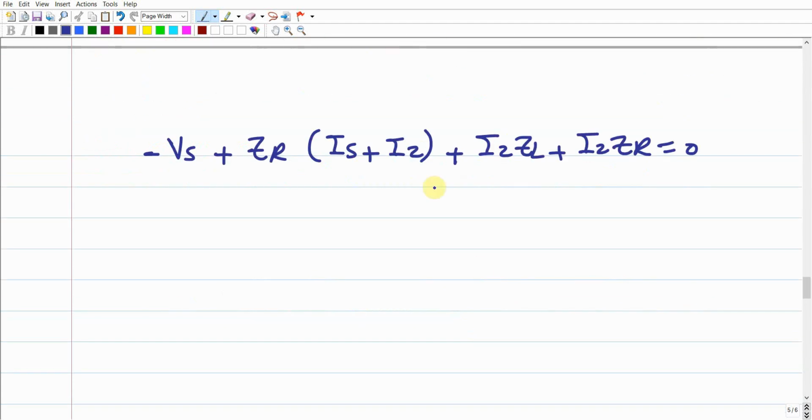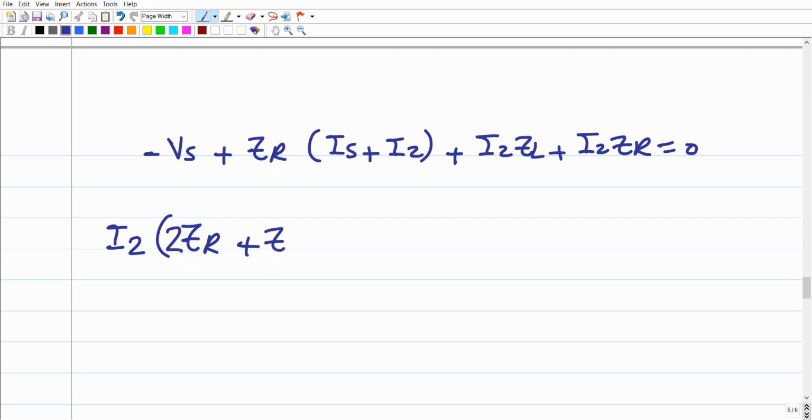Then your objective is just to collect the I2 terms because for this equation we have only one unknown, which is I2. IS we already have, and Vs, we have everything except I2. So collect the I2 terms. This is going to give us I2 times ZR. There is one ZR here, right? And there is another ZR, so there should be 2 ZR. Make sense?